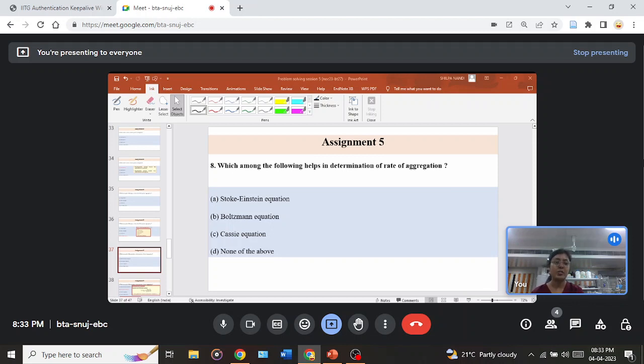In terms of chemical heterogeneity, how can you take out the wettability or contact angle, that is theta, that is given by Casey equation. So in this particular equation also you don't have the term K, that is rate of aggregation, you don't have. So you can say your option C is also now ruled out. So you have now left with option B and option D. So if you think, what is this Boltzmann equation?